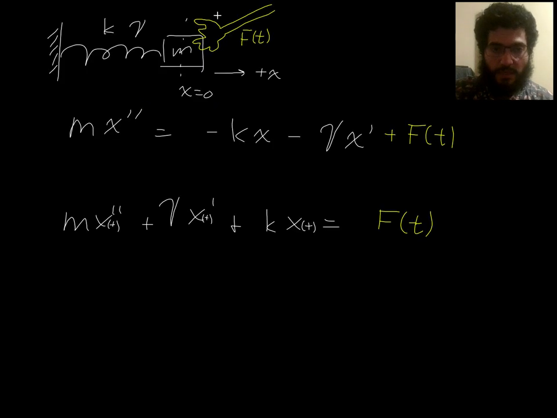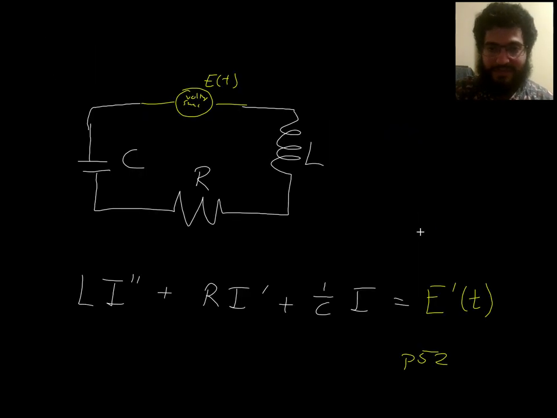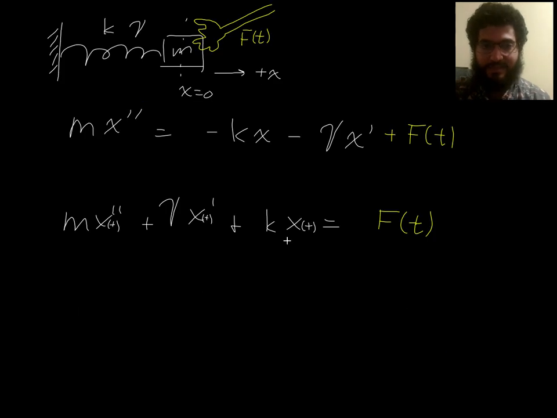So in each case, the yellow part is what is being applied to the system, what is under your control, and the I here or the x here that solves the differential equation would be the response. So this is a little bit backwards from how we think about it when we just look at the function L, where the input to the system is like the f of t.